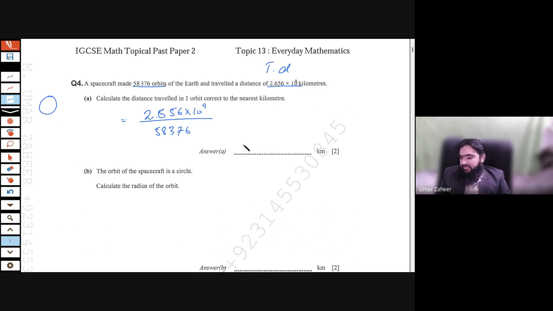That is 45,500 kilometers, correct to the nearest kilometer. I need to find it: 4.656 times 10 to the power 9, and in the denominator we have 58376.